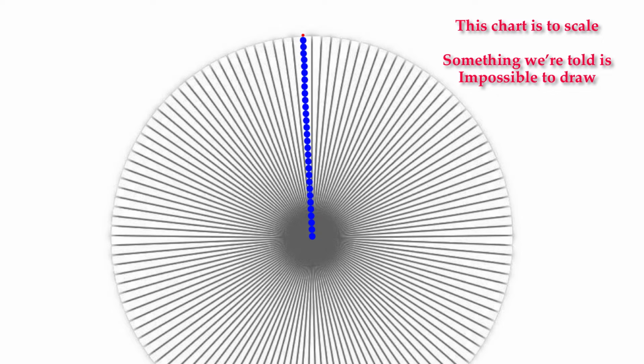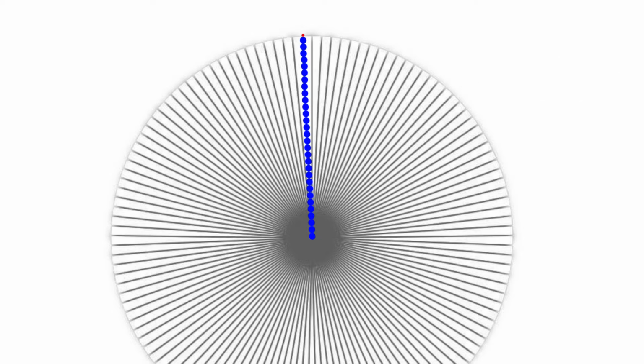And there are 30 blue dots going out to the moon. That's the distance they say the moon is away from the Earth. Now the pie chart is the orbit of the moon, and it's broken up into 5-hour slices. So each slice is 5 hours.